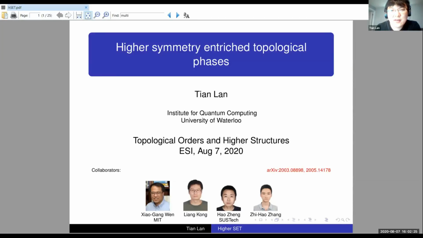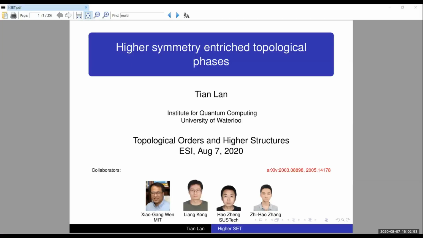Okay, so the group acts on the Hilbert space, and the action commutes with the Hamiltonian of the system. But this slide is not updated on my screen, at least.